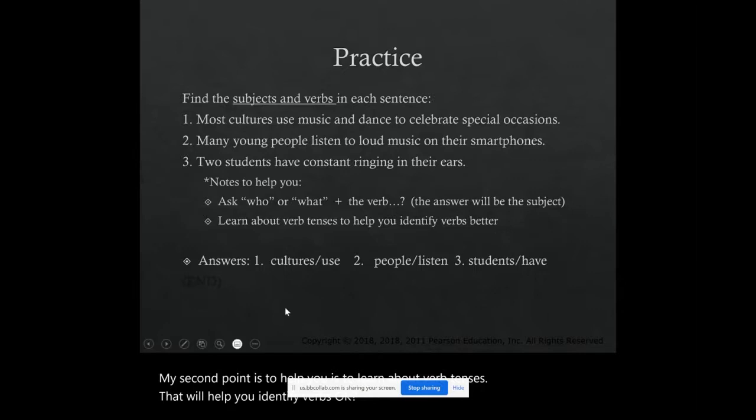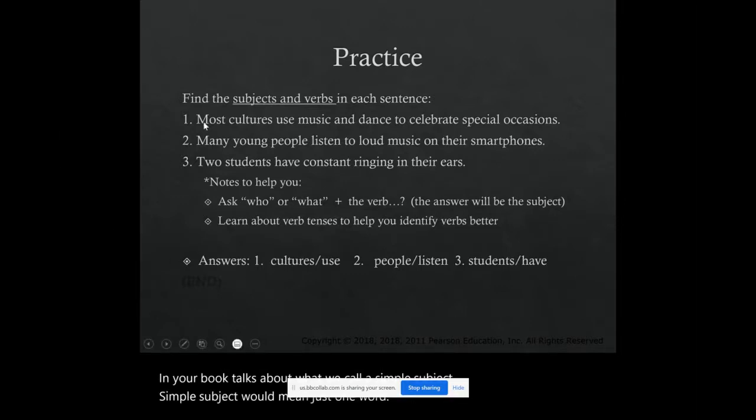So there's your answers. Cultures is the subject, use is the verb. People is the subject, listen is the verb. Students is the subject, have is the verb. And your book talks about what we call a simple subject. Simple subject would mean just one word.